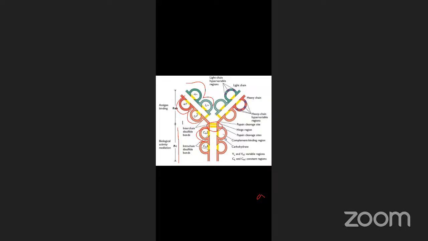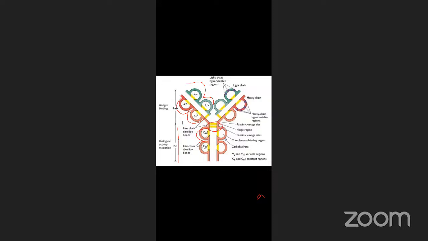Along with these chains, in the light chain either kappa or lambda will be there. The rule is not for the light chain but for the heavy chain. If you are talking about immunoglobulin G, it compulsorily contains gamma chain. Okay, that is the rule.